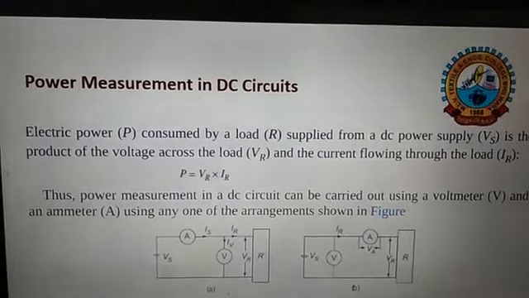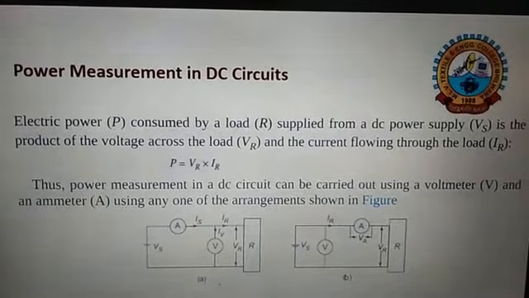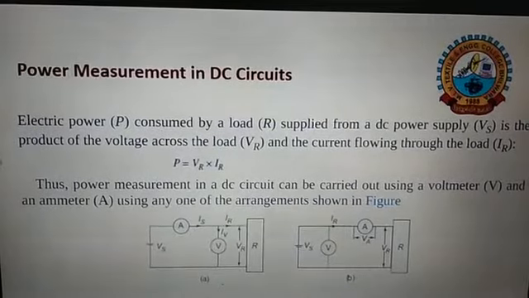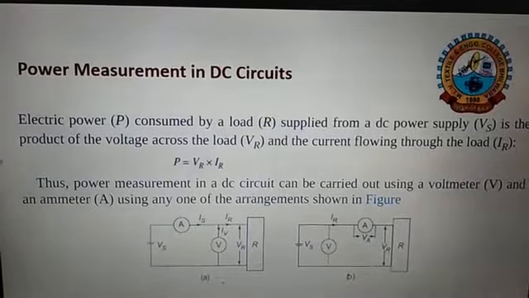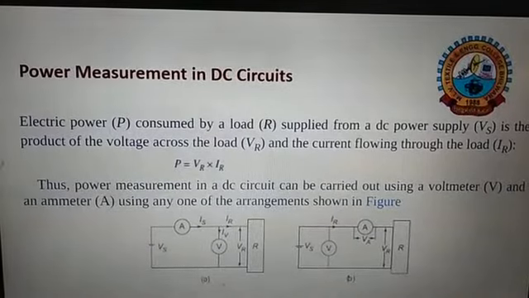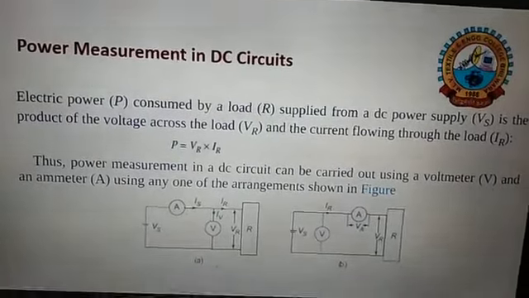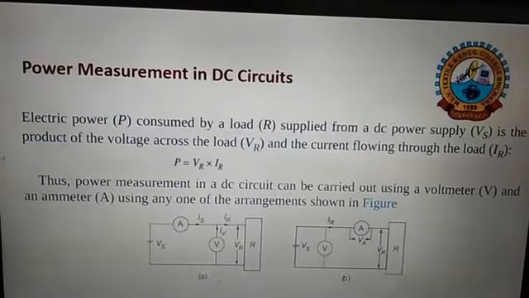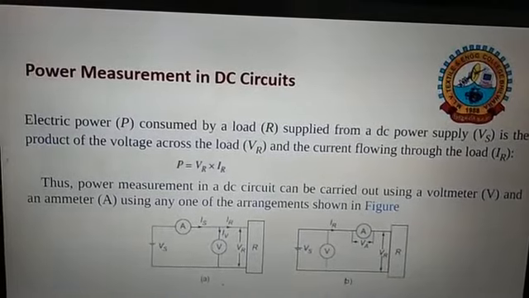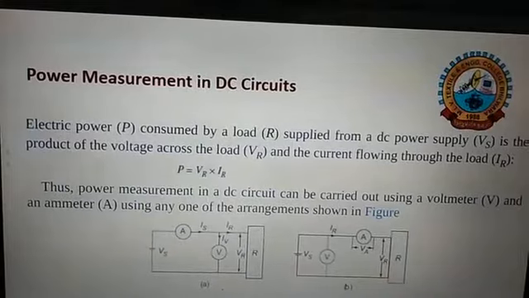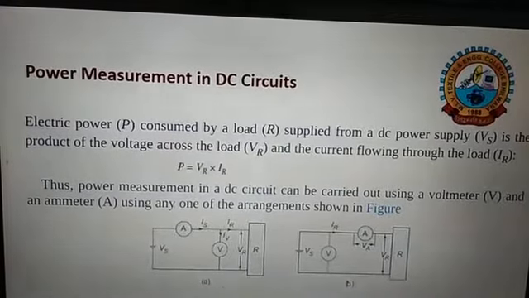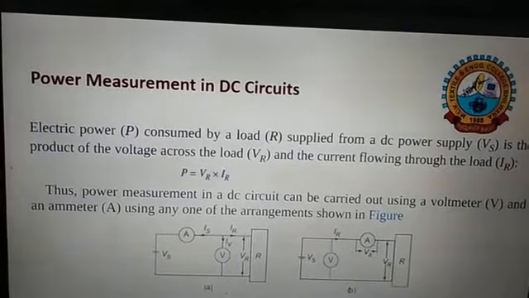Now these are all for the DC circuits. So power measurement in a DC circuit can be carried out using a voltmeter and an ammeter using any one of the arrangements as shown in the figure. In both arrangements the only difference is the placement of the ammeter and voltmeter.